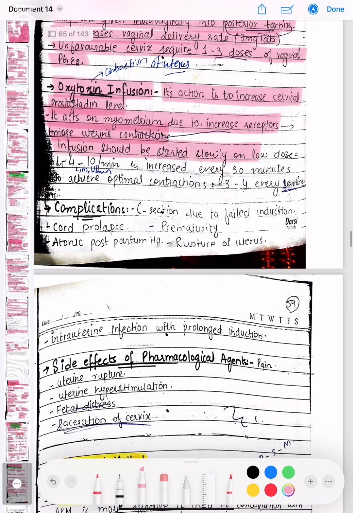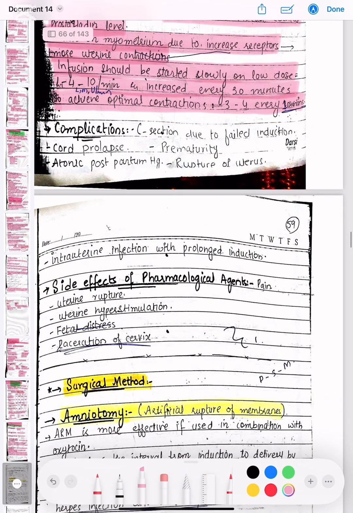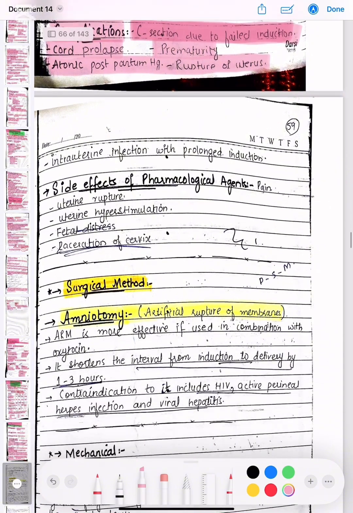Infusion should be started slowly on a low dose, and it is 4 to 10 per minute and increased every 30 minutes to achieve the optimal contractions, that is 3 to 4 every 10 minutes. And the complications are C-section due to failed induction, cord prolapse, prematurity, atonic postpartum hemorrhage, and rupture of the uterus.